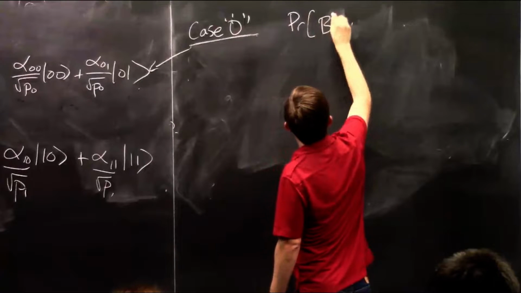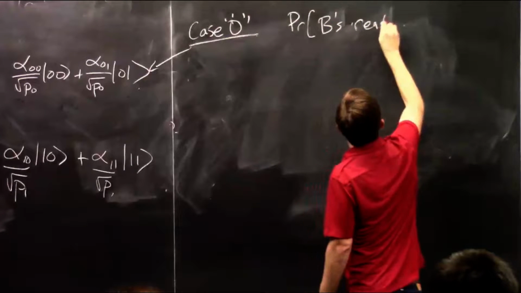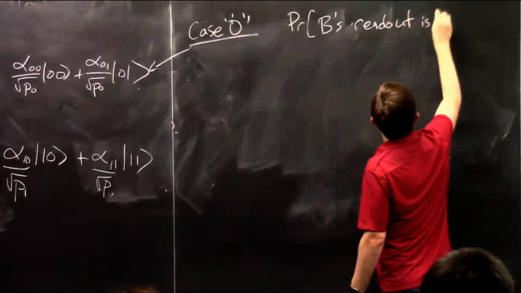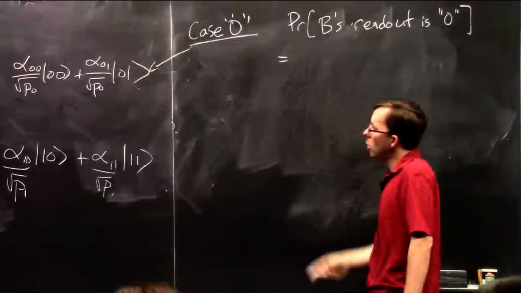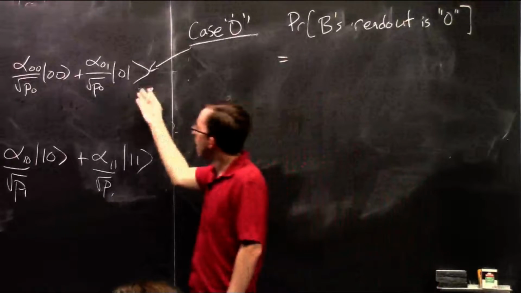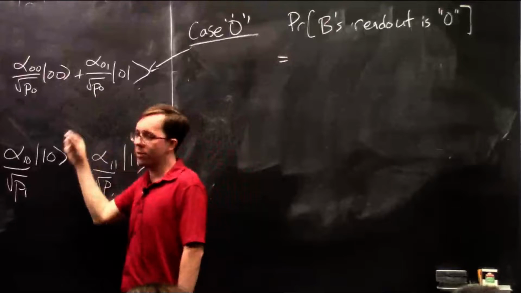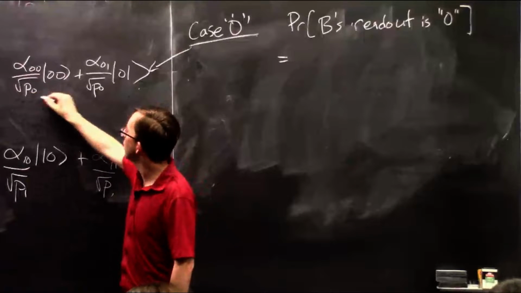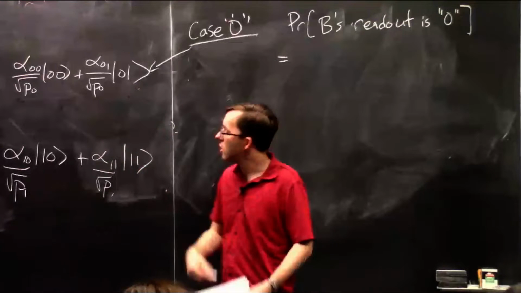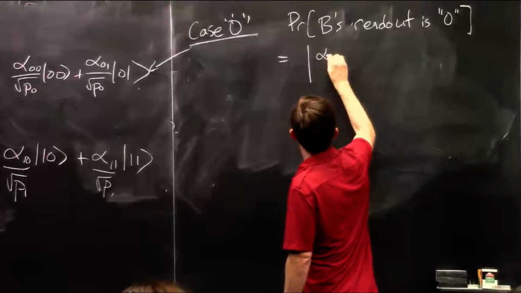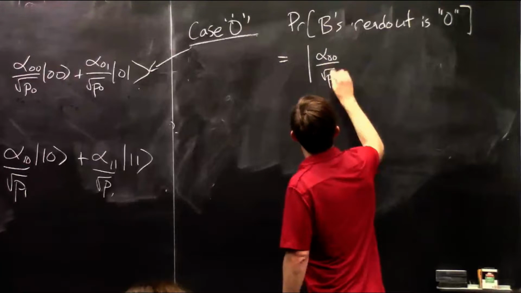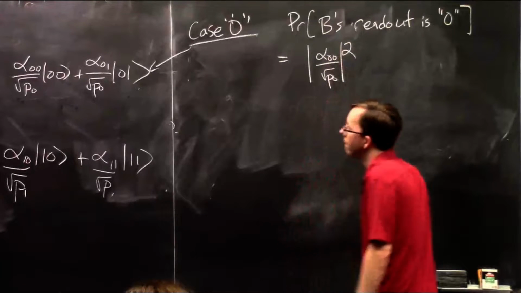The probability that Bob's readout is 0 is, remember the rule, you look at all the components of the state that are consistent with Bob's qubit being 0, which is just this one, and you square those magnitudes. So it's simply alpha 0,0 over root p0, squared.